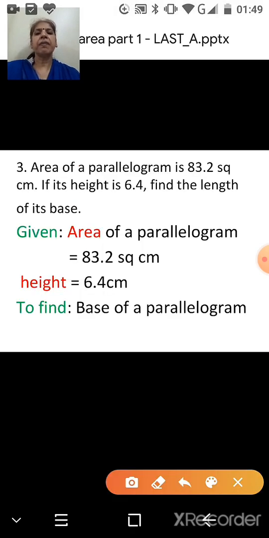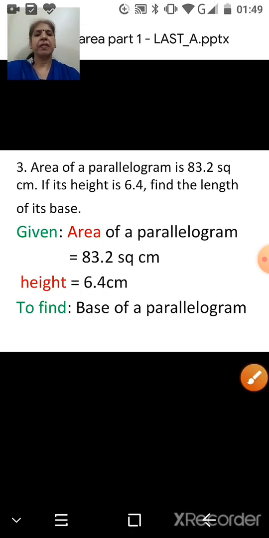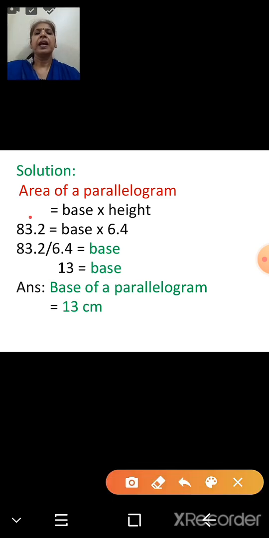Then substitute the values. In place of area, 83.2 is equal to base, which we have to find, and for height, it is 6.4.